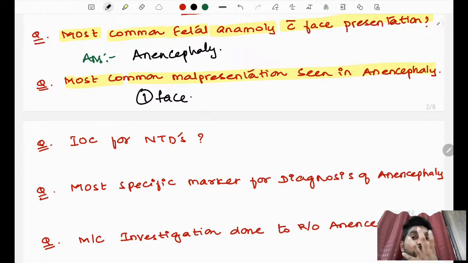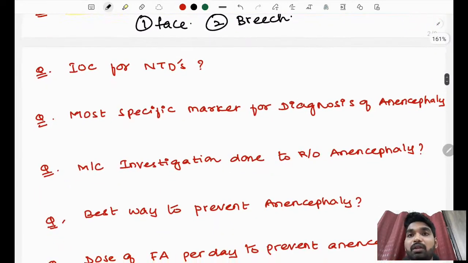The first malpresentation that you are going to see in anencephaly babies is face presentation. The second one is breech presentation. Now, investigation of choice for NTDs. What is the investigation of choice for NTDs? Just a minute.